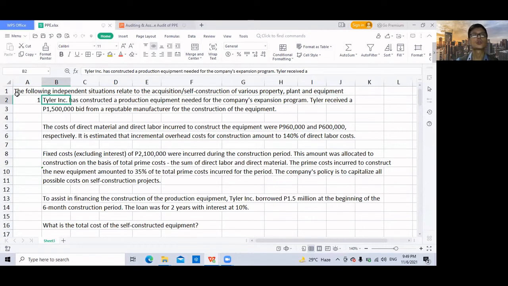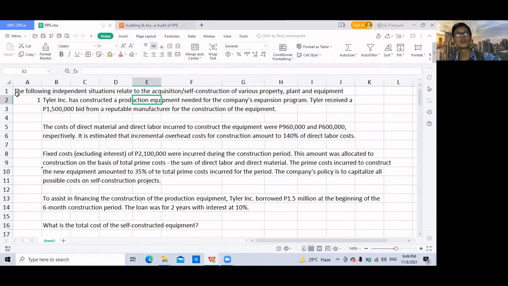Tyler Incorporated has constructed production equipment needed for the company expansion program. So they will set up a plant, maybe for their manufacturing business. Tyler received a 1.5 million bid from a reputable manufacturer for the construction of the equipment.